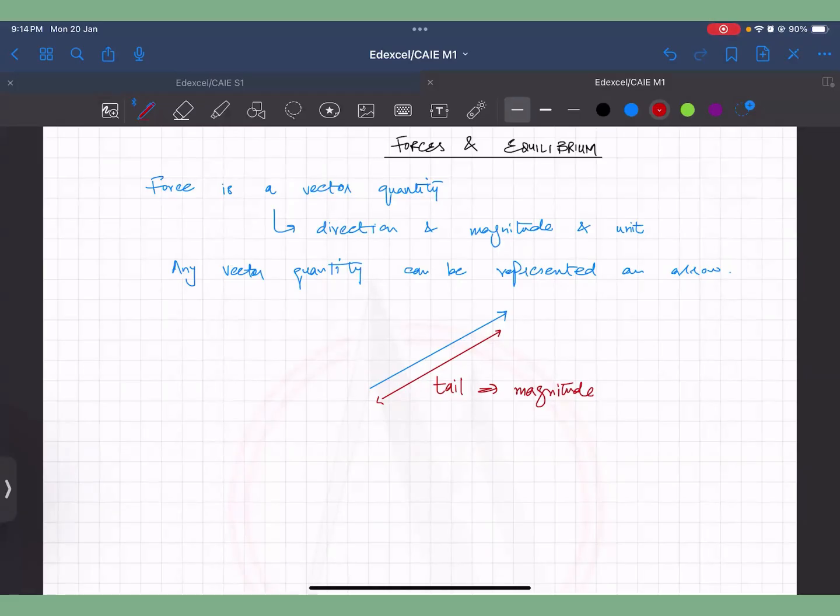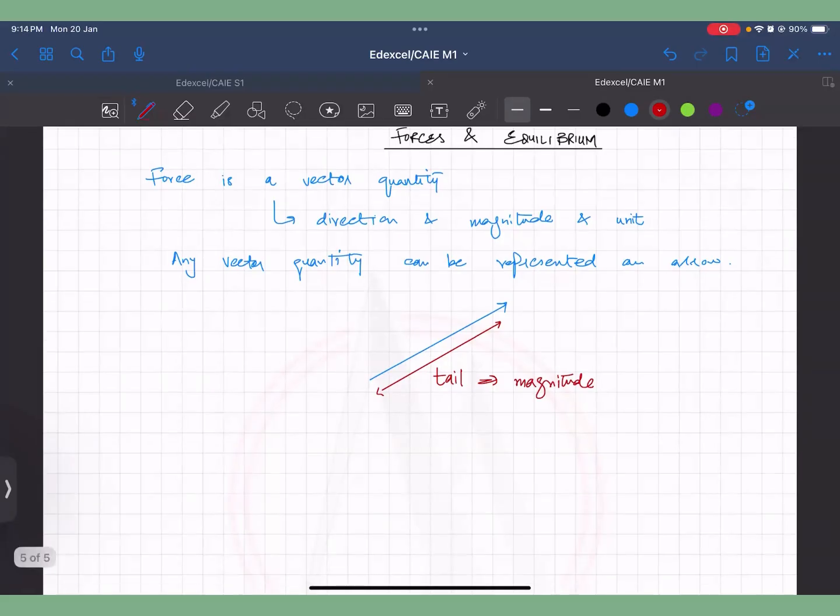What do you mean by the magnitude? Magnitude is the quantity or the value. So how big is it? Is it 10 Newton or 20 Newton or 100 Newton? So that is magnitude. And the arrow head tells you the direction.